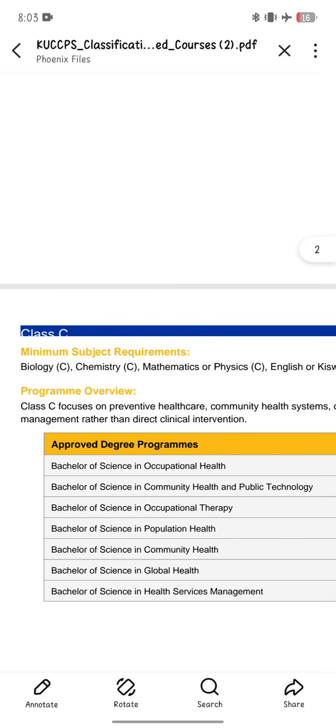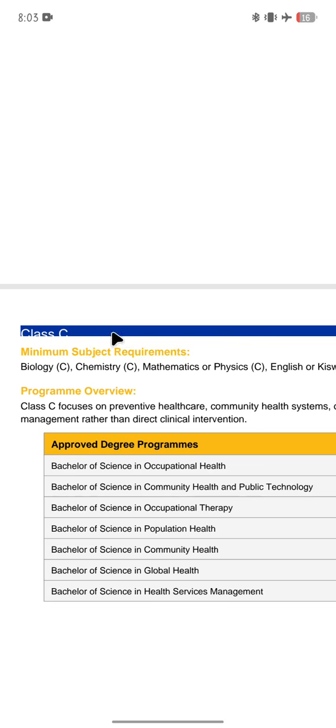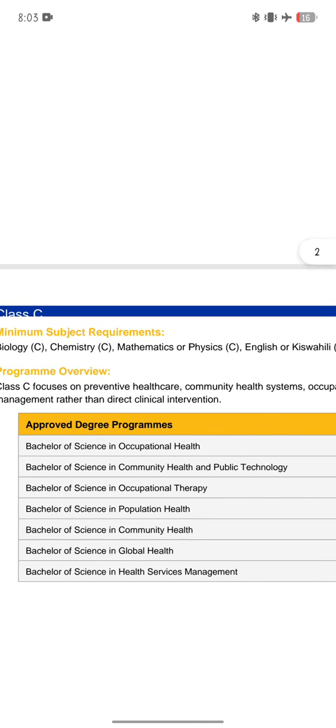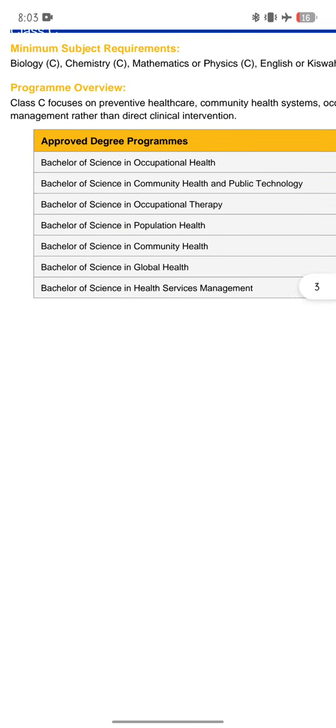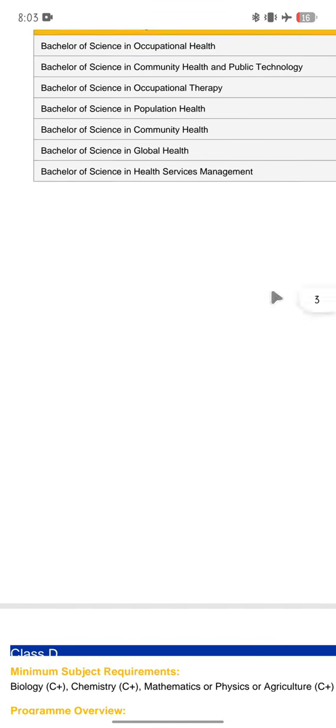The subject requirements for class C courses are biology C, chemistry C, mathematics or physics C, English or Kiswahili C. Courses under class C are Bachelor of Science in Occupational Health, Community Health and Public Technology, Occupational Therapy, Population Health, Community Health, Global Health, and Health Services Management.